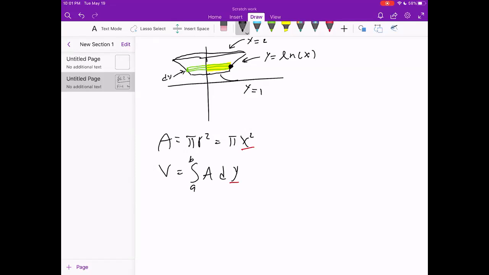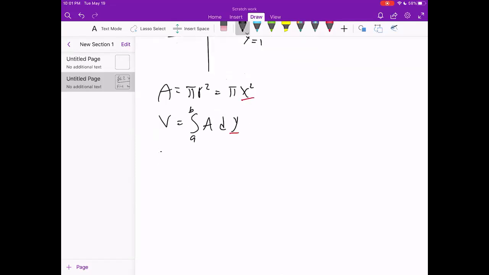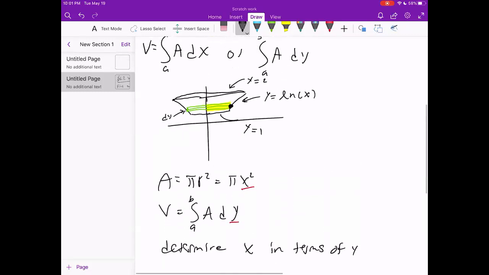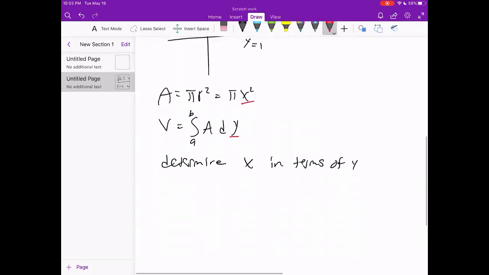So because my differential is dy here, I want to determine x in terms of y. The way I'm going to do that is to look at my graph here. If the point is given by x here, I'm sitting on the line y equals ln x.